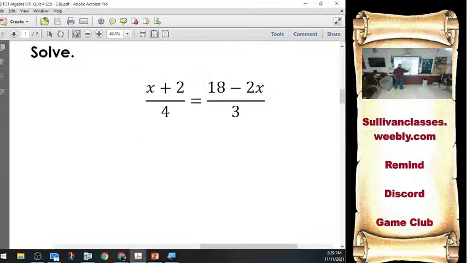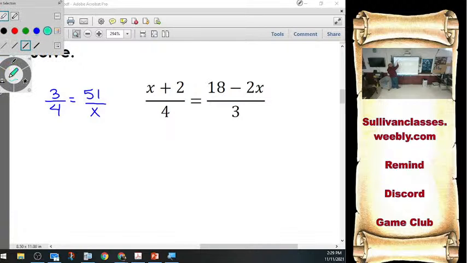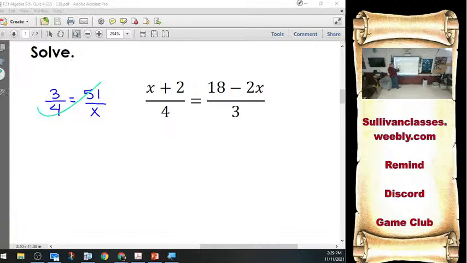Number 4. Solve. You notice we got a little more mojo on it because if I said 3/4 is 51 over x, I think y'all were way too good with that because it was just Jesus fish. Right? Now I'm still gonna Jesus fish.